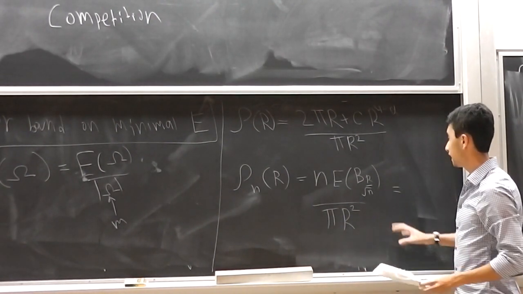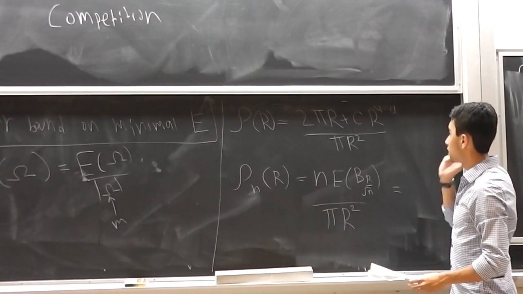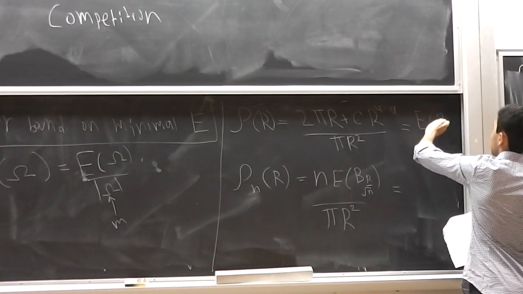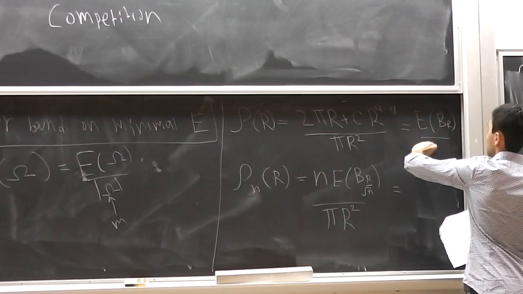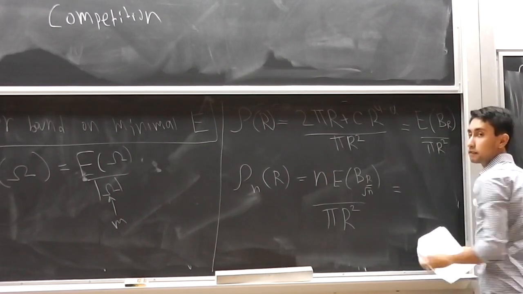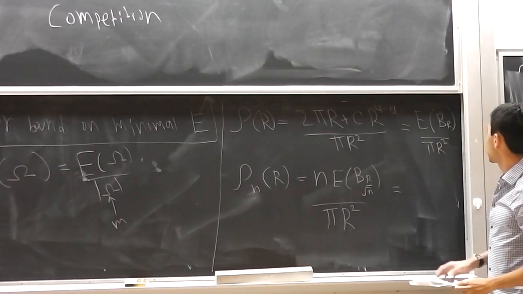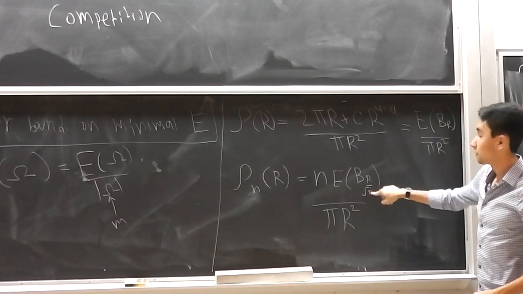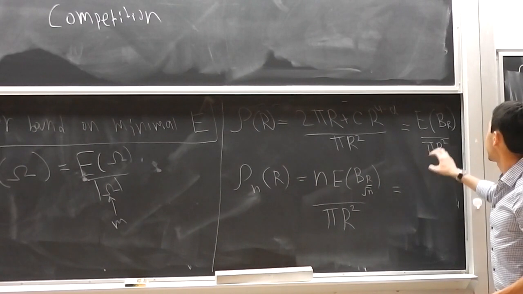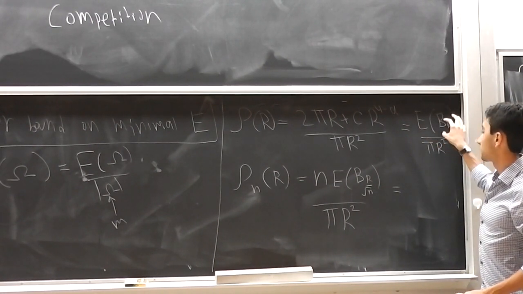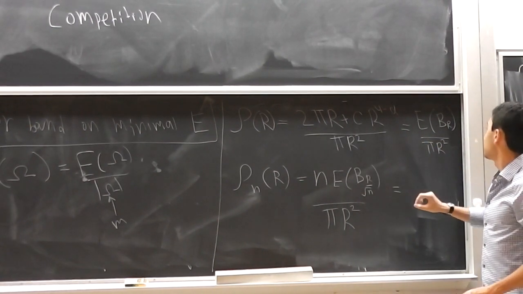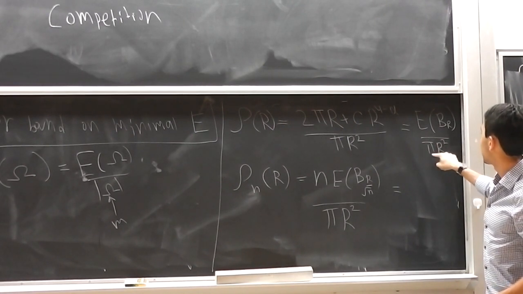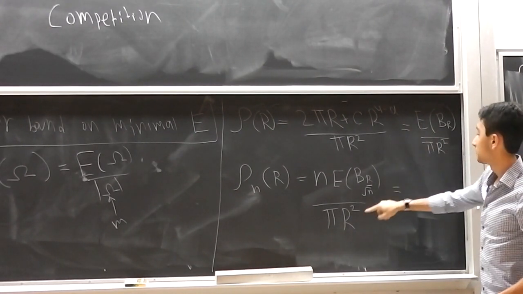Okay, so the nice thing here is, this is just the energy of the ball of radius r, divided by pi r squared. If you take this and plug in r over the square root of n for r, you're going to get the energy of the ball of radius r over the square root of n, which is this. And you're going to get pi times r squared, and the n is going to cancel out.